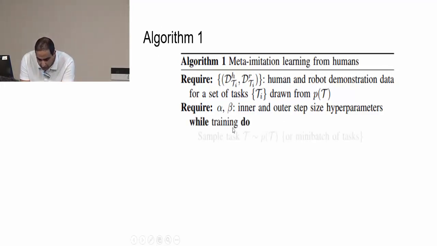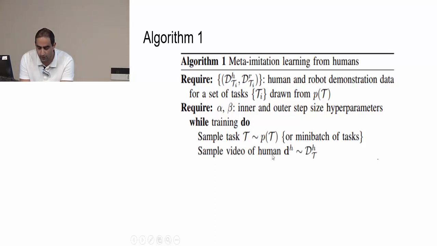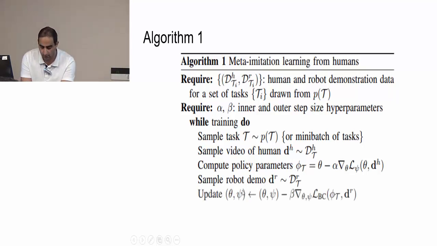During the training, we pick one task or a mini batch of tasks and pick the human demonstration. Then we apply gradient descent on this demonstration based on this L psi, and we calculate the new policy which should be good for this task. Then we look at the robot demonstration and apply gradient descent on this LBC, which we can calculate mathematically.